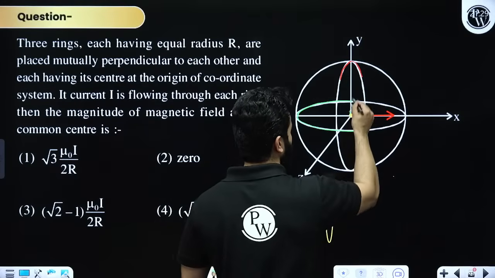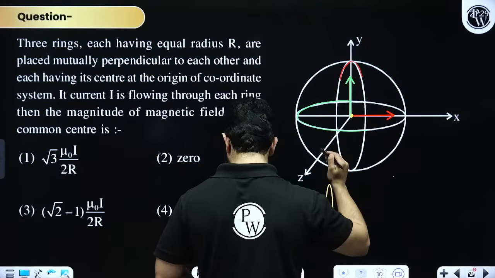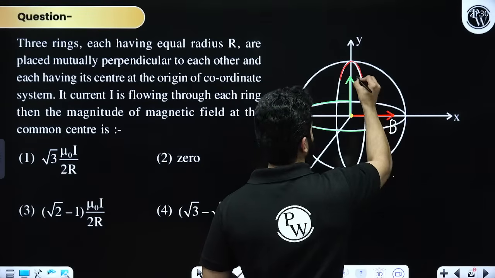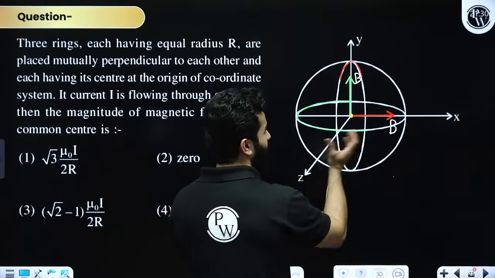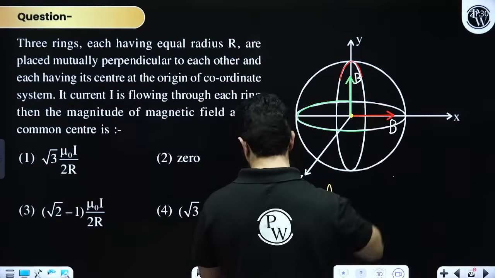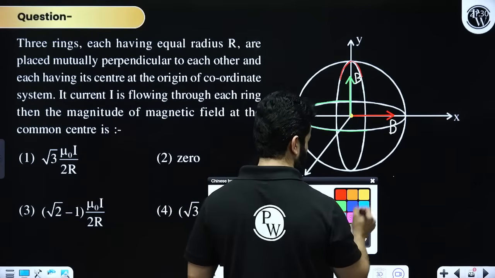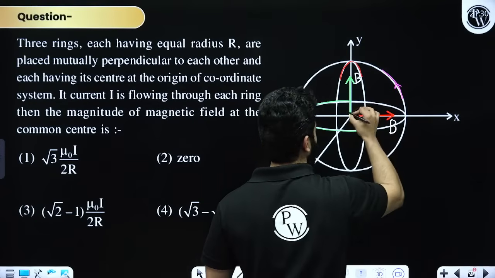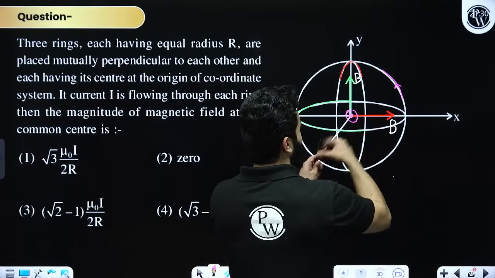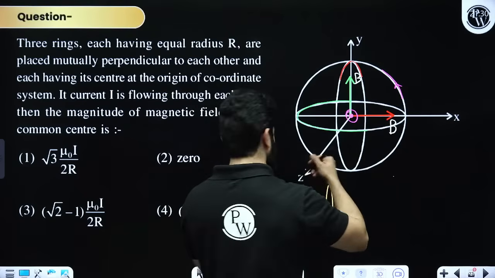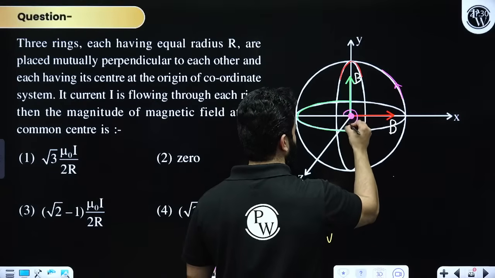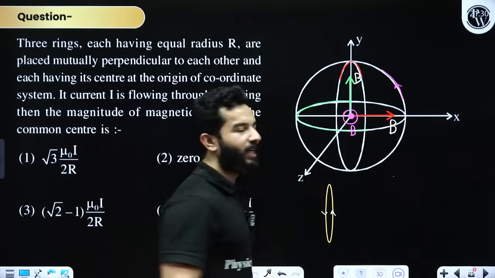So this is magnetic field B. And if again current is moving in anti-clockwise direction for the last one, then magnetic field will be outward to the board. I won't be able to draw it, but hopefully you can understand it. This is going to be this B. Is it clear, my dear friends?